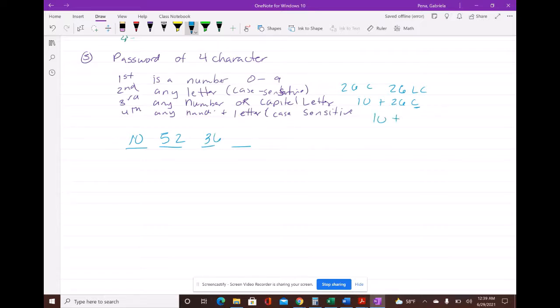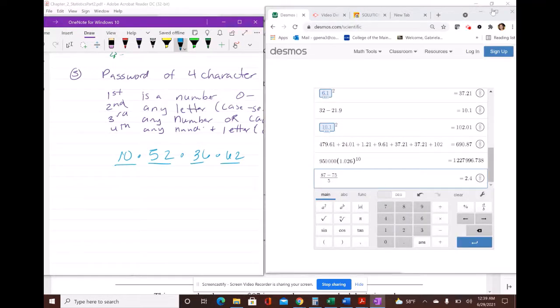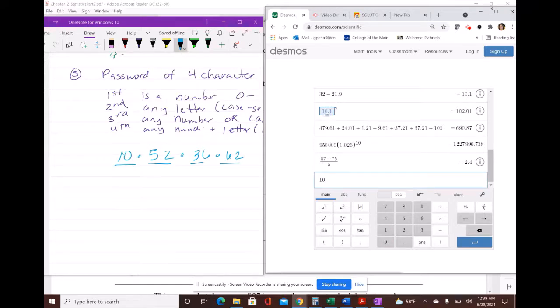The fourth says any number plus any capital or lowercase letter, so that gives me 62. I will have to multiply these numbers: 10 times 52 times 36 times 62. And my answer is 1,160,640. So there are 1,160,640 different combinations.